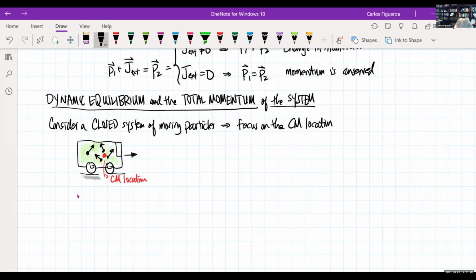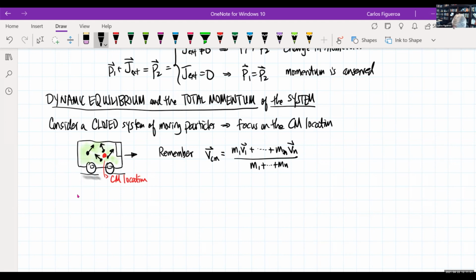So here we go. So remember, V center of mass is going to be what? It's M1 V1, however many particles are in the system, divided by the total mass of the system. Now I can rewrite this thing here.